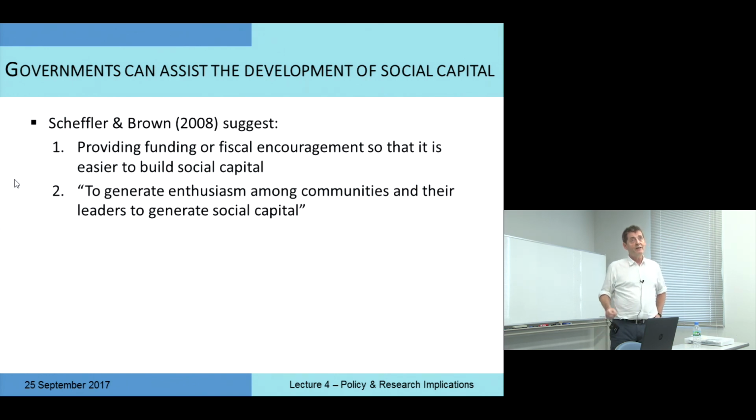I suppose my point as a health economist would be, I think we need to somehow have evidence about how well different things contribute to improving health. I've got an open mind as to whether investing in social capital is a cost-effective method.